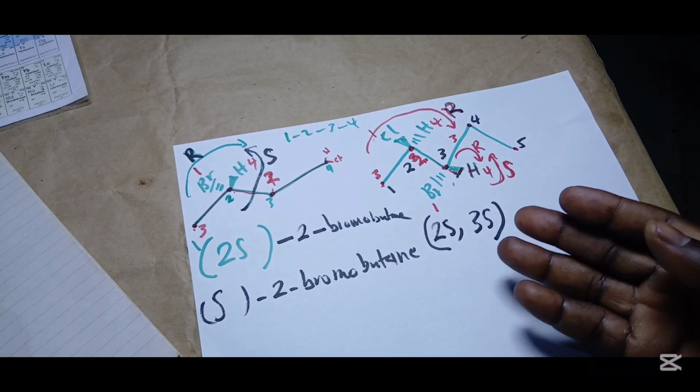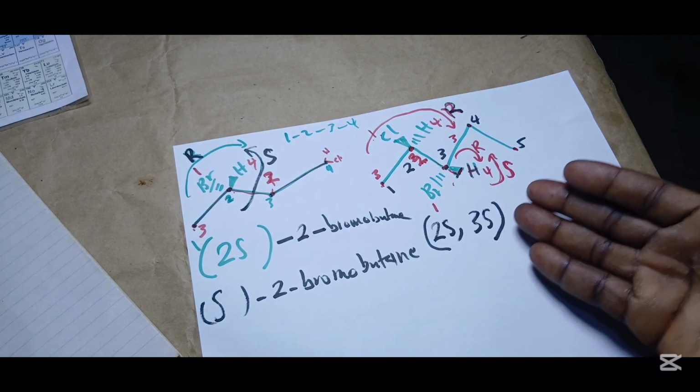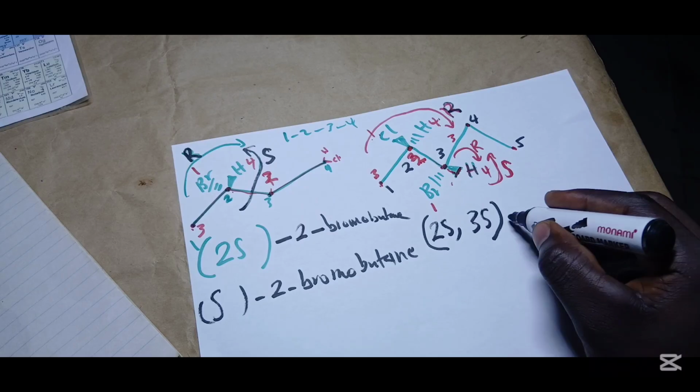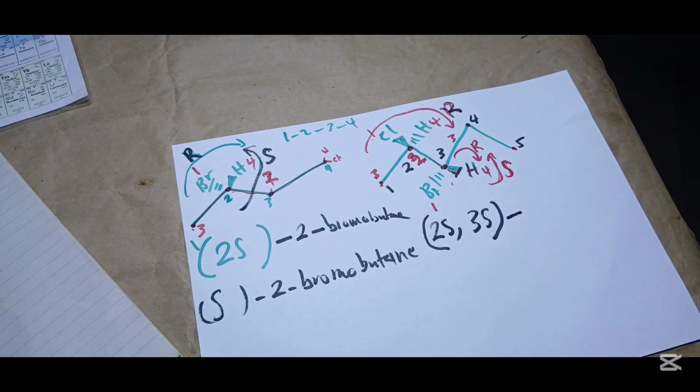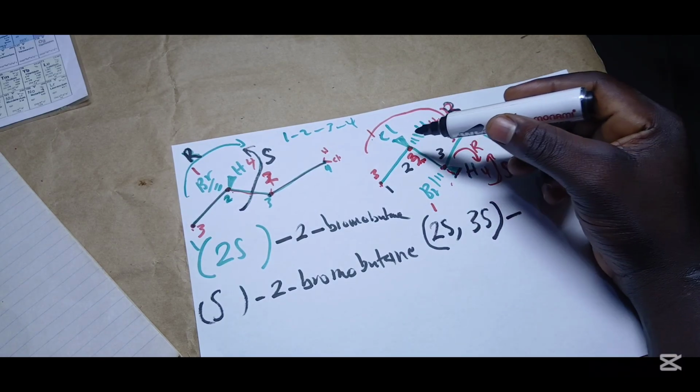No matter the number of chiral centers you have, you have to bring them in. If it is 4, you bring it right, comma, out to the last chiral center that you have. So now you bring in a dash, start naming the molecule. At carbon number 3, we have bromine. Carbon number 2, we have chlorine.